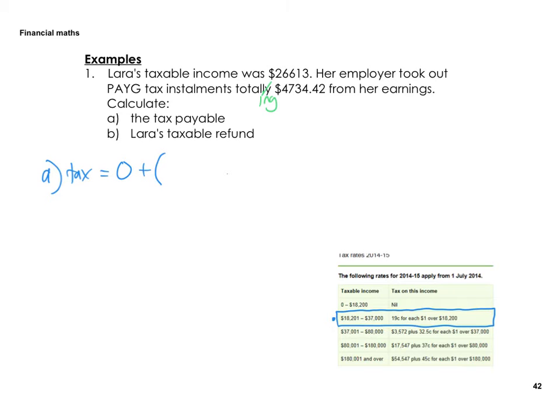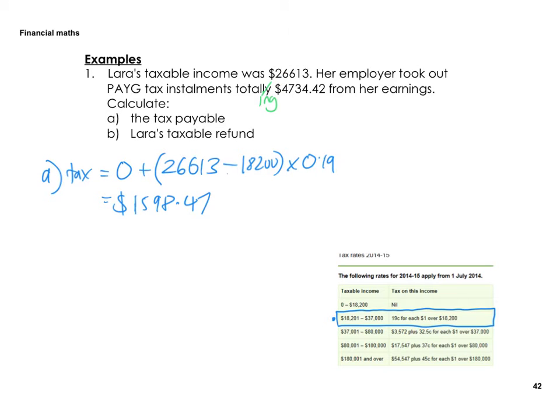We're going to take our taxable income, 26,613, take away 18,200, then multiply that by 0.19. That is $1,598.47. So that's the tax she paid on this income.